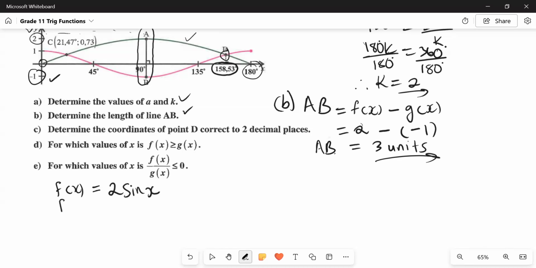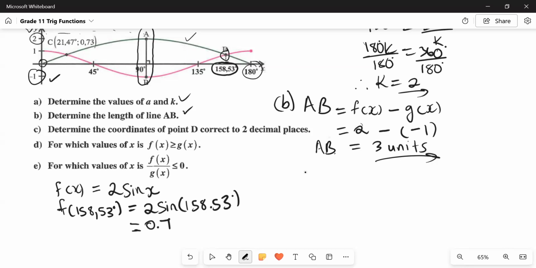Okay, but already they gave us an x value there of 158. So we're looking for f of 158,53 degrees. And then we substitute in place of x, 158,53, right? And then you use your calculator.